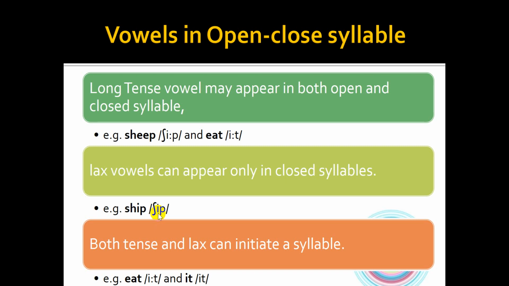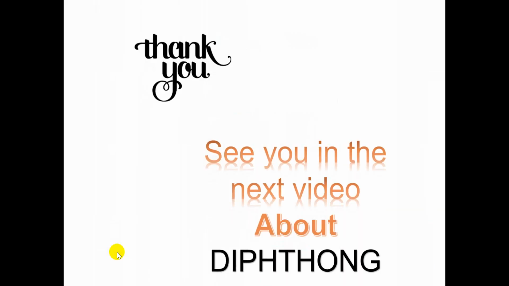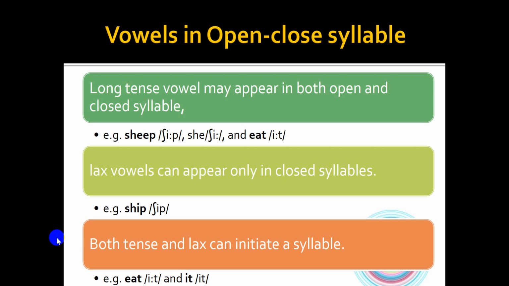Ship, for example, is closed. But both tense and lax vowels can initiate a syllable. As you can see here, eat can start a syllable.